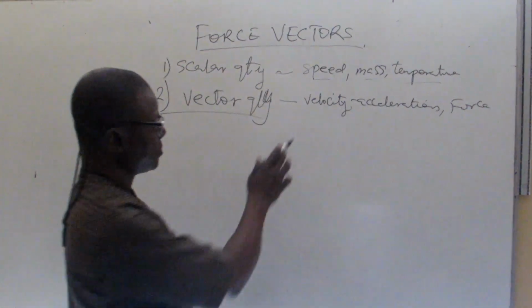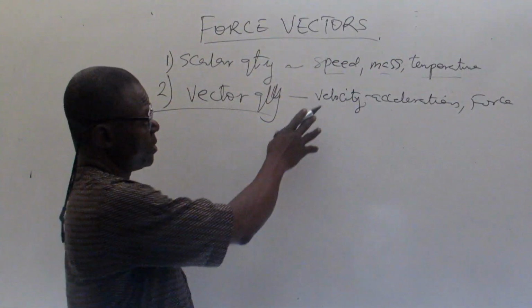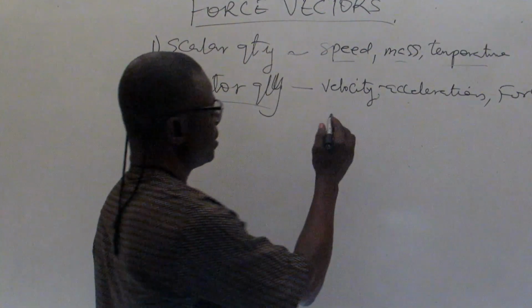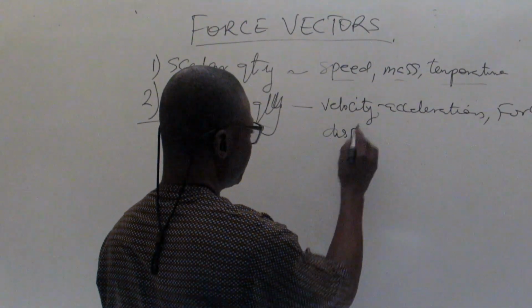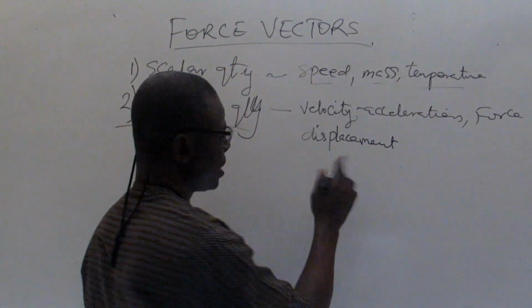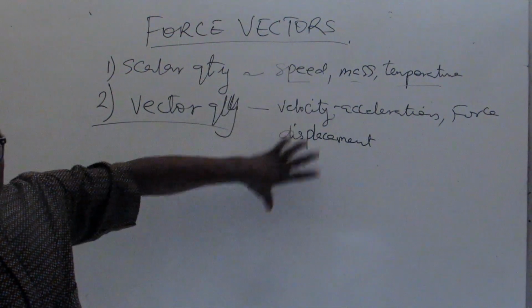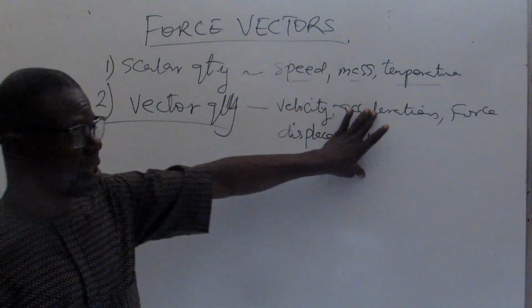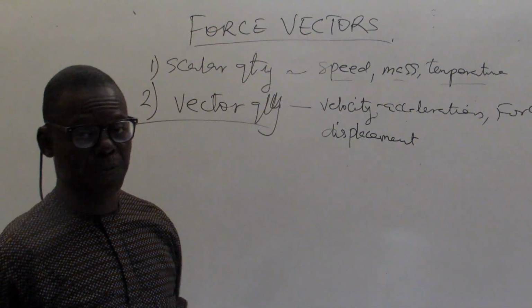And then another, velocity is the rate of change of displacement. These are all vector quantities. Well, let's start from here. Displacement is distance moved in a specified direction. That is displacement.